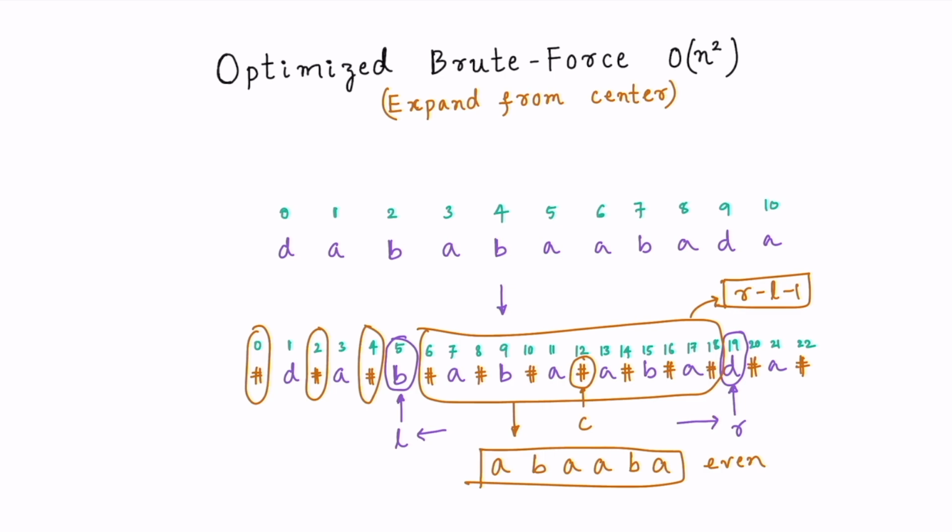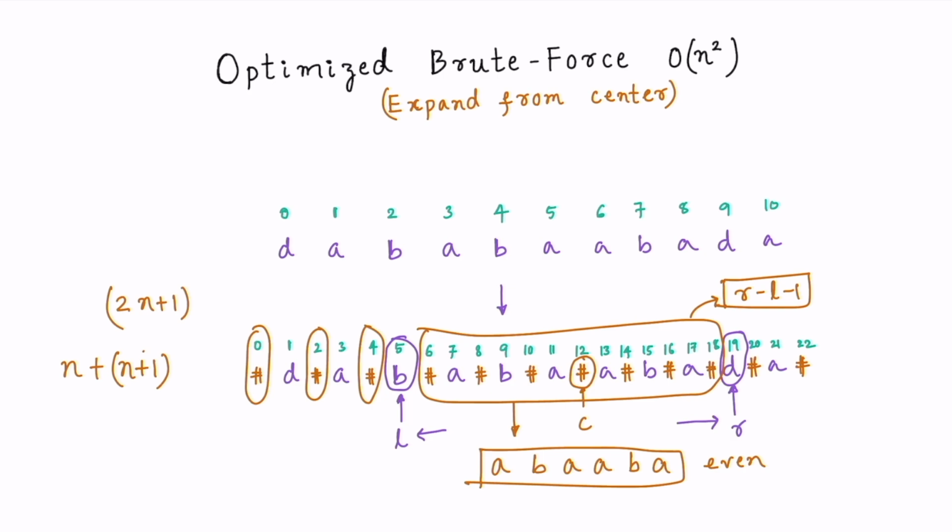So the total runtime complexity of this algorithm is, in total, there are 2n plus 1 centers, because we started with n characters and we added n plus 1 special characters, which are hashes.